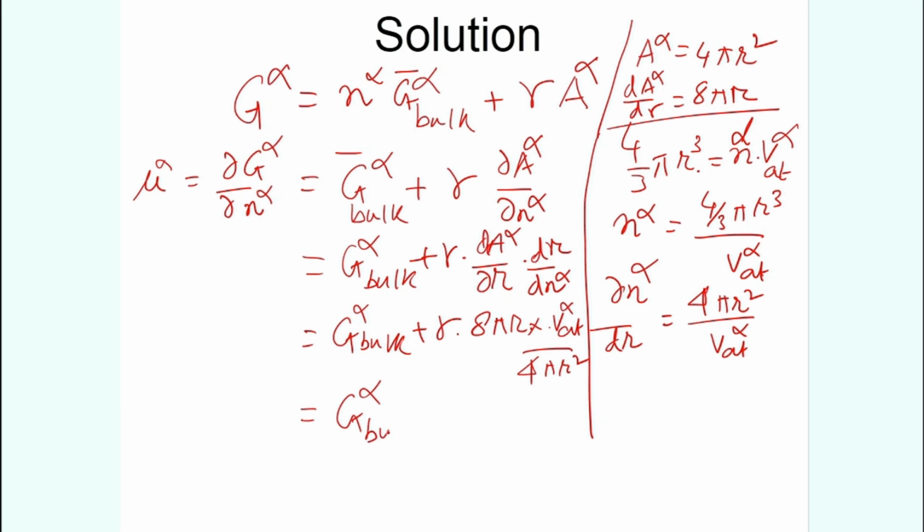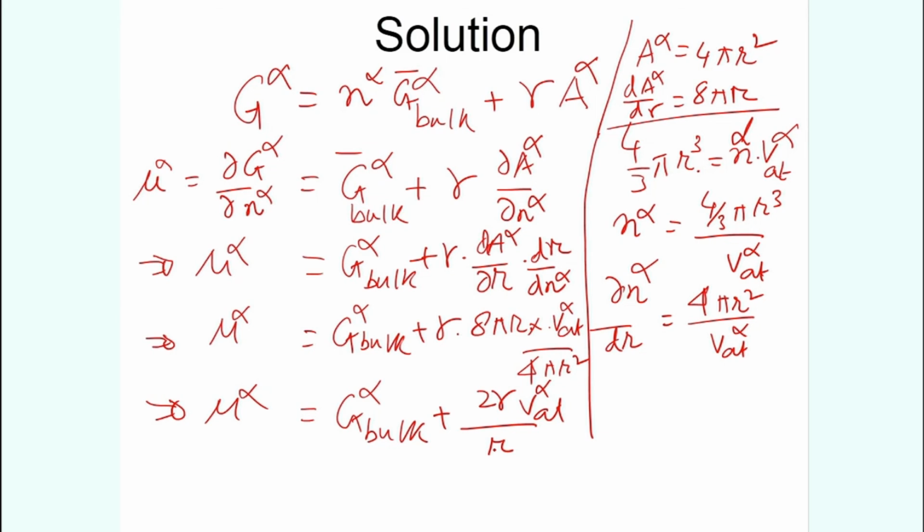So this becomes G bulk plus twice gamma, okay, that is clear to you. This is the thing which you already derived.